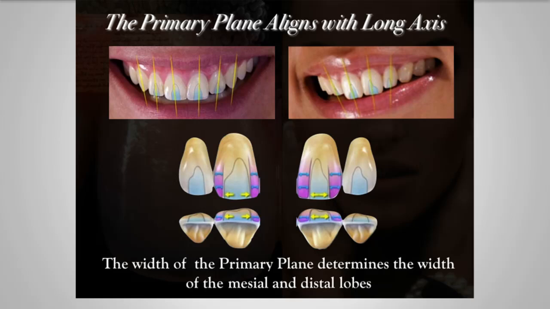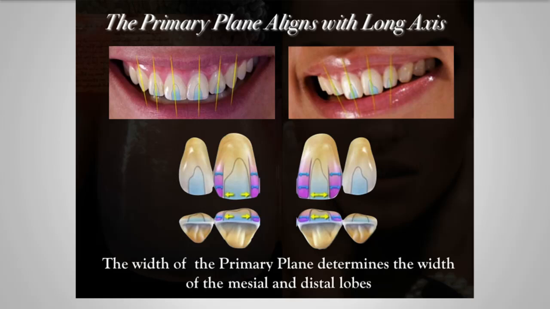And it is the actual width of this plane that largely has the biggest factor in making a tooth appear larger, wider or narrower than it actually is. That'll be emphasized later with the transitional line angles, but understand they need to be aligned with the long axis of the tooth.